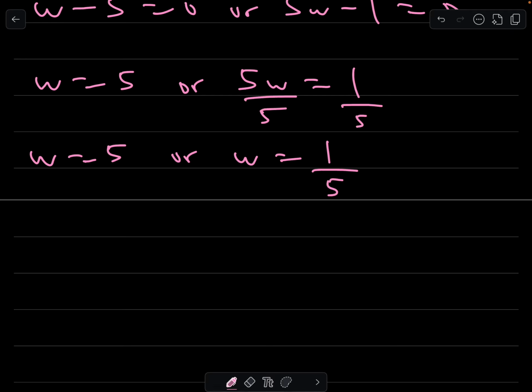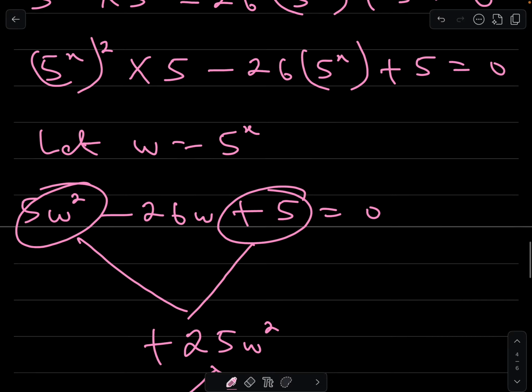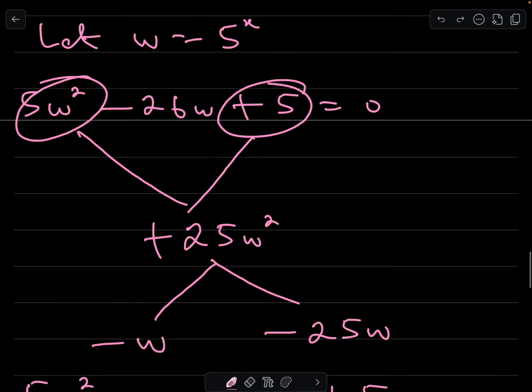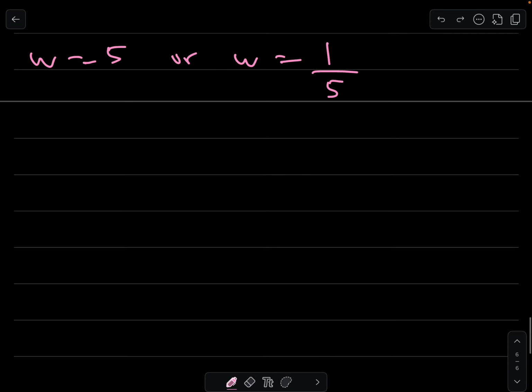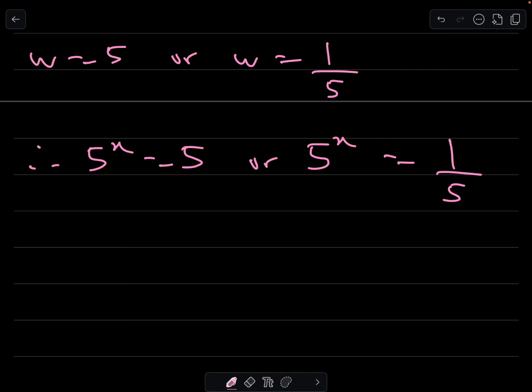But w is not what we are finding. w is equal to 5 raised to the power x. So that therefore means 5 raised to the power x equals 5 or 5 raised to the power x equals 1 over 5.